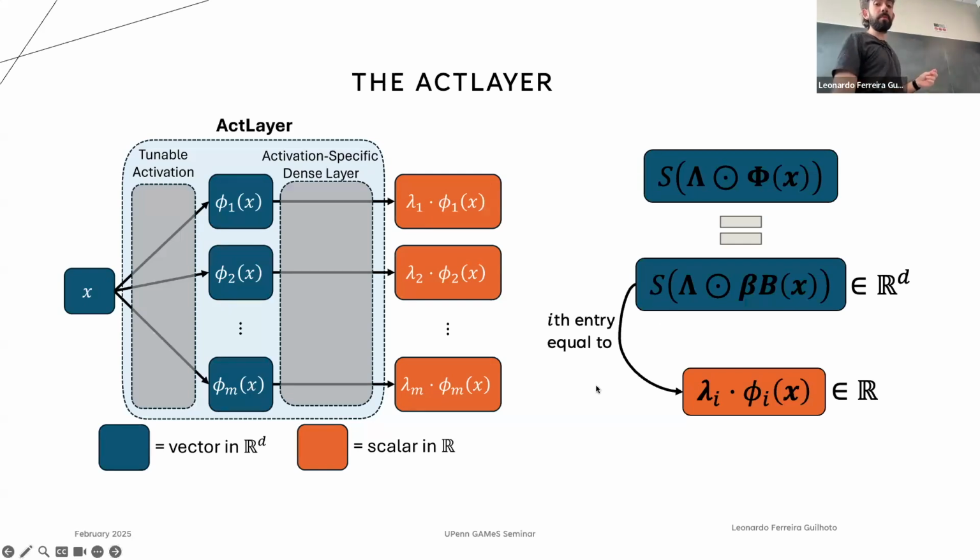So this thing in blue is a vector in Rd, and the ith entry is going to be equal to lambda i dot product with phi i of x, where this phi i is being applied element-wise. And lambda i is the row of that big matrix capital lambda.